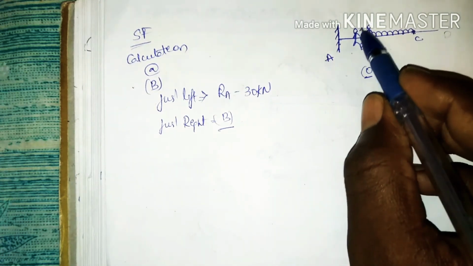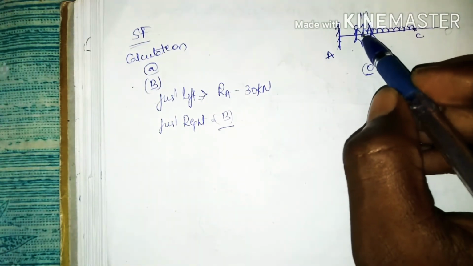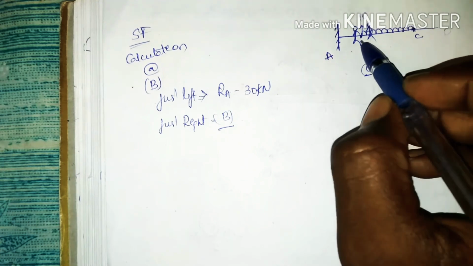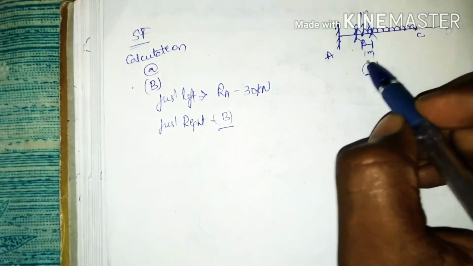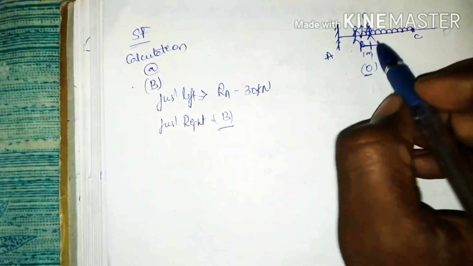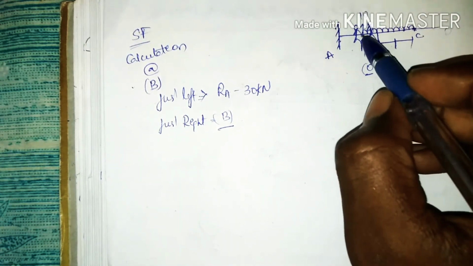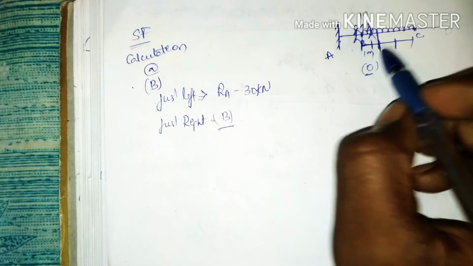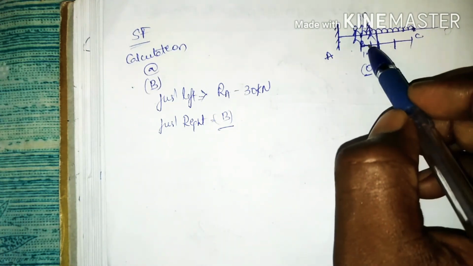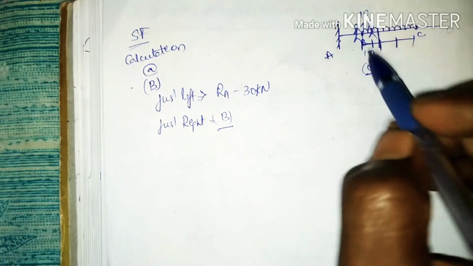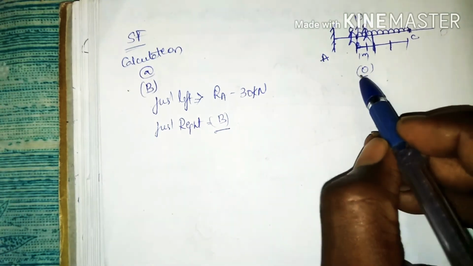For the 10, let us consider 1 meter. For 1 meter of distance from B, it decreases by 10 into 1, that is 10.